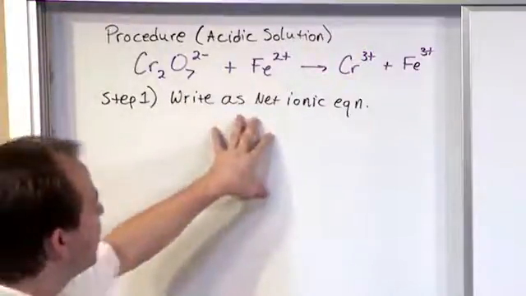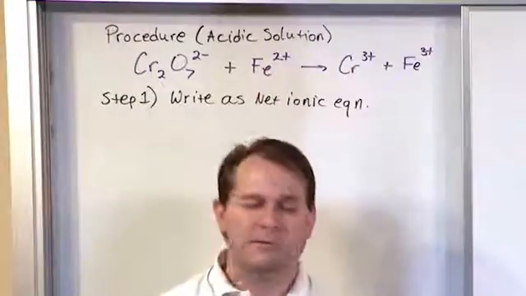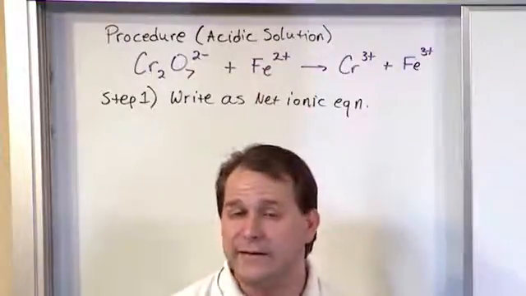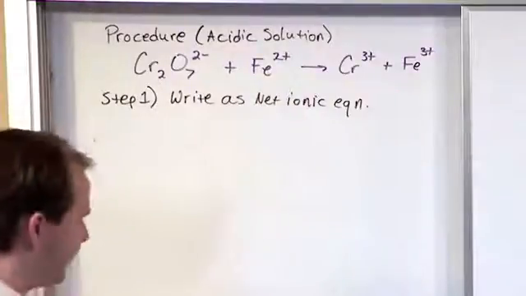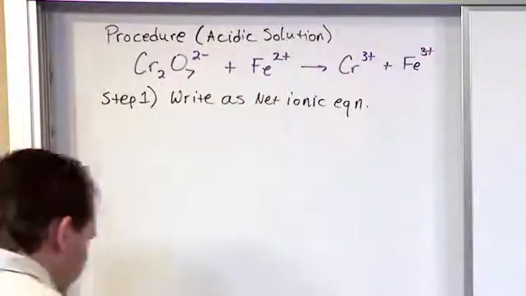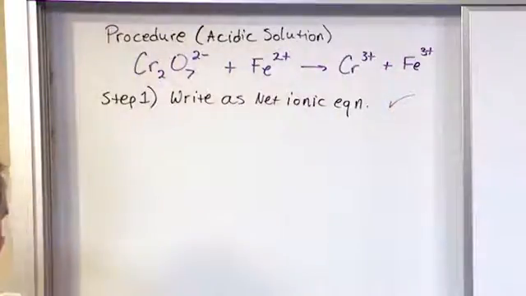Most of the time in your book, you will already be given a net ionic equation to balance. So most of the time that's okay, but if you don't have that, then you might need to go and write the net ionic equation first. So that's step 1. So I'm going to put a check mark here because this is basically already done. Step 1 for this particular problem is already done. In most problems, they will probably be given to you like that.